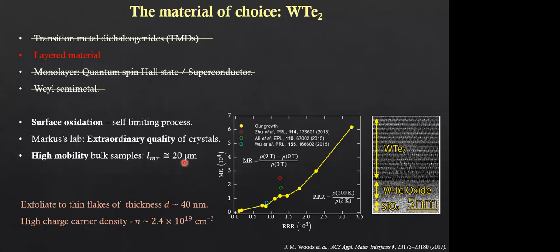So I think the answer to Shobik's question is that for tungsten ditelluride in bulk, the momentum relaxing length scale is about 20 micron. But for thin flakes, with a thickness of about 40 nanometer, which we'll be using, LMR is about 500 nanometer.